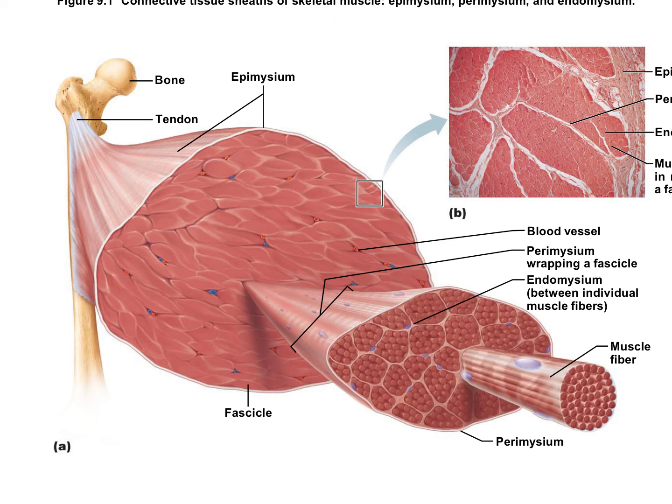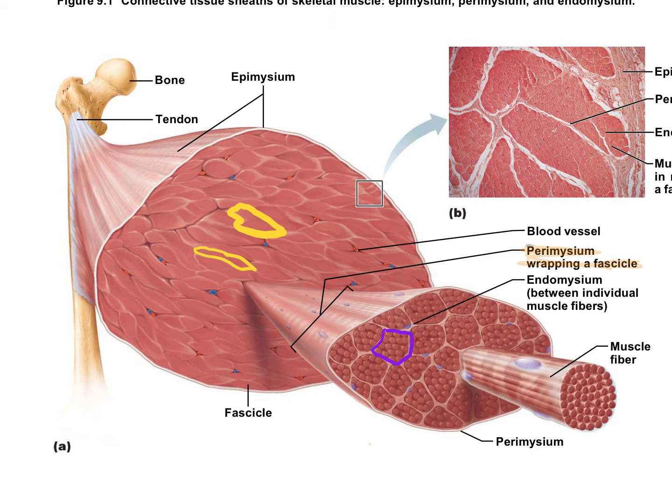Within the epimysium, the epimysium bundles a bunch of these fascicles together. Each one of these is a fascicle. The fascicles are bounded on the outside by the perimysium, which wraps a fascicle. Within the fascicle are your muscle cells.